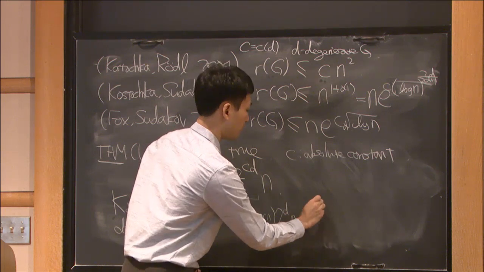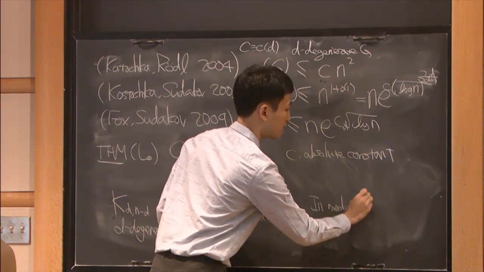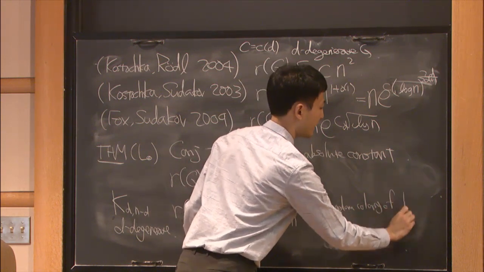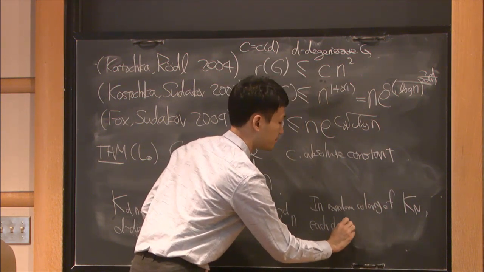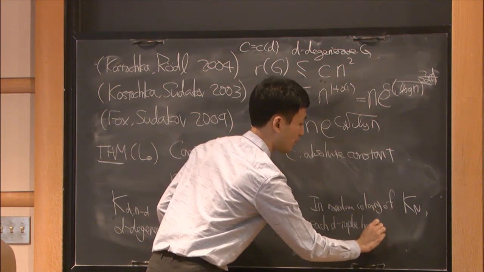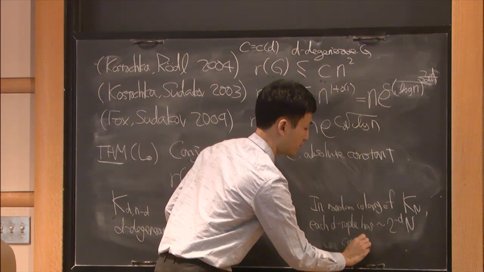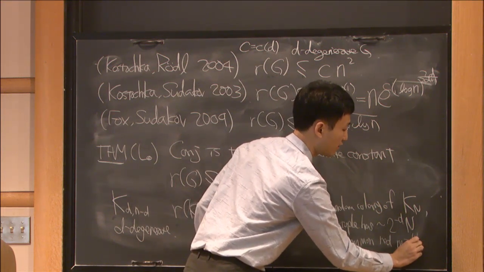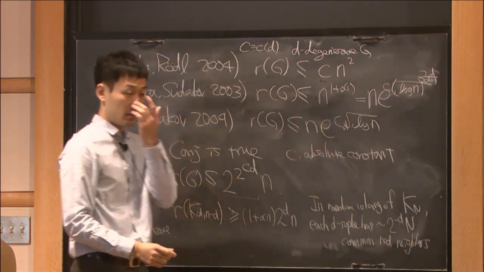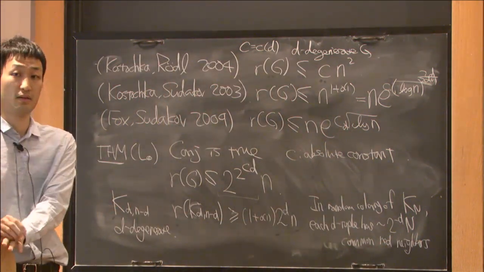In a random coloring of K_n, each d-tuple has about 2 to the minus d times n common red neighbors, and similarly common blue neighbors, because each one is like a random graph with probability half.